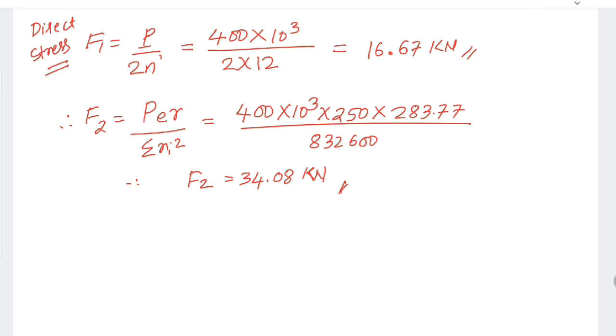So next, we need to find the resultant force on the extreme bolt.